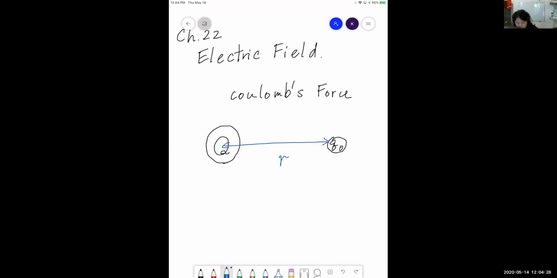So that's the distance apart. Then we say the electric force on the big Q, and the electric force on the little q is the same. F equals k, the constant, big Q times little q naught divided by r squared, the inverse square law. Is that right?